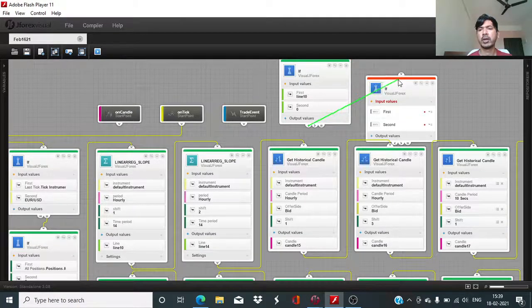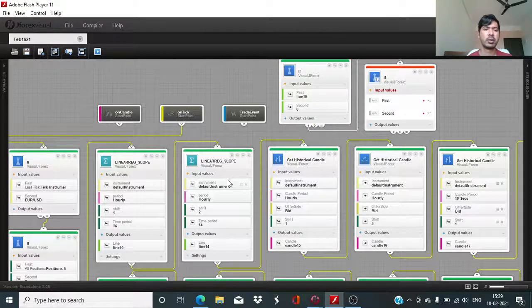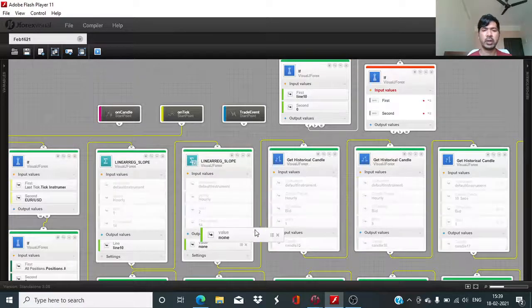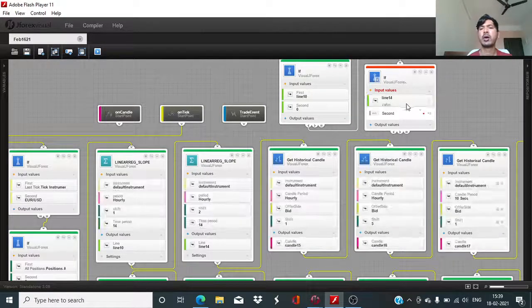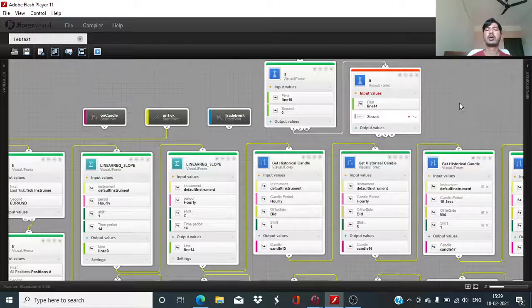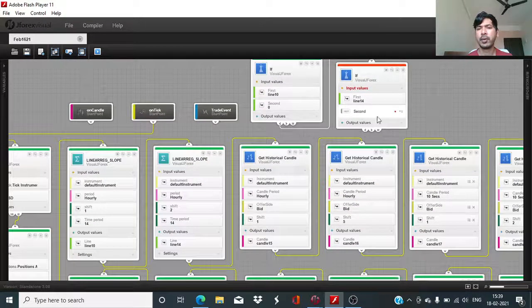First input less than second input. Line 14, which is the output value for the linear regression slope with the shift value of 2. This needs to be higher than 0.